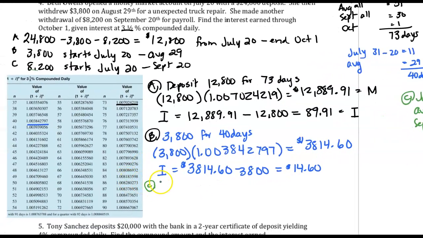So we're going to have $8,200 for 62 days. Find the maturity value. We'll take that $8,200. I'm looking up the 62 days. I'm going to bring that decimal over.